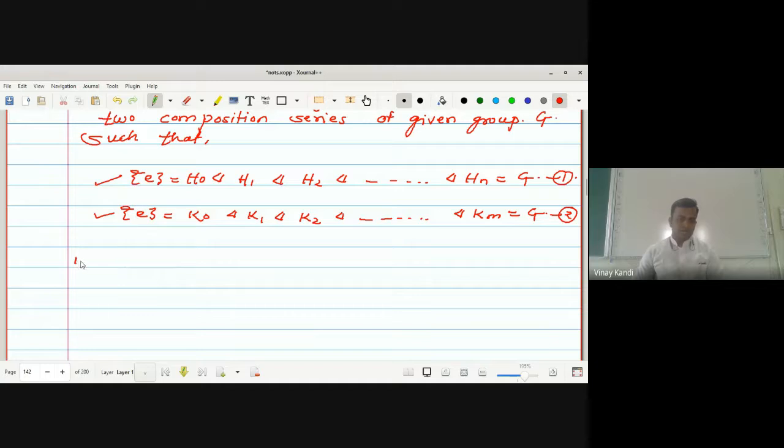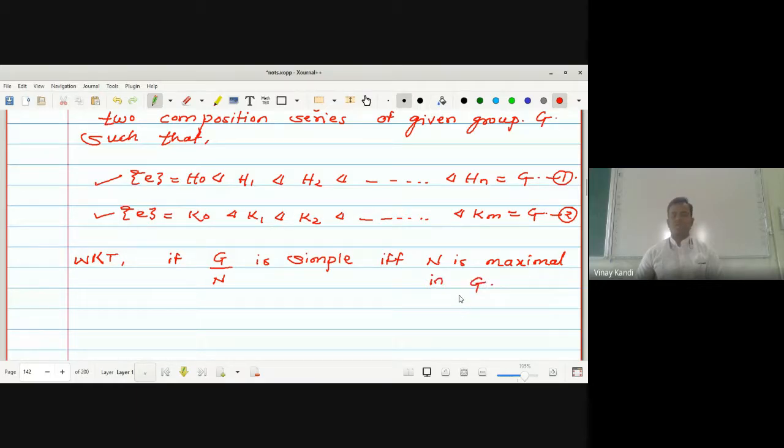We know that G by N is simple if and only if N is maximal normal in G. We proved this in the last lecture.